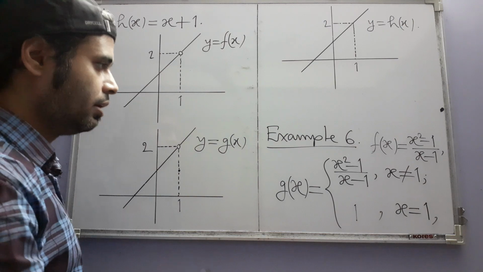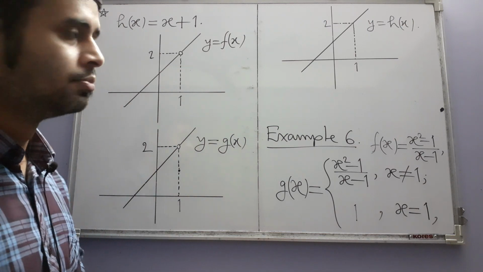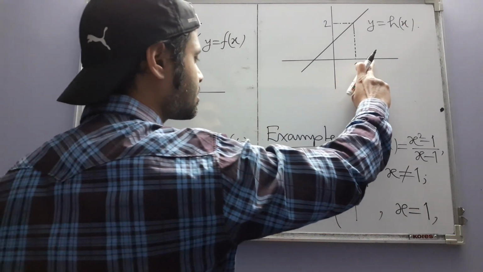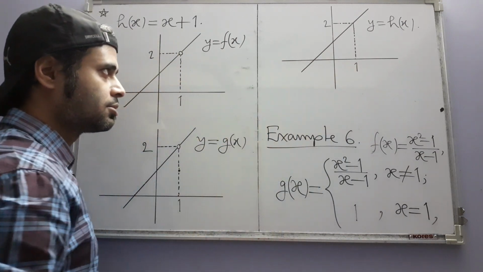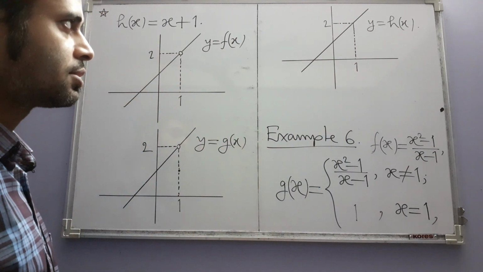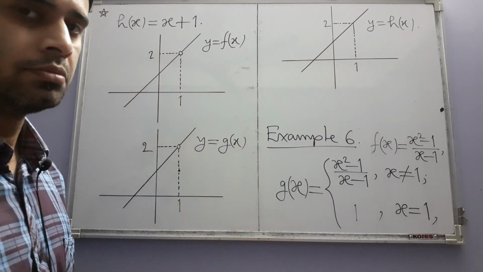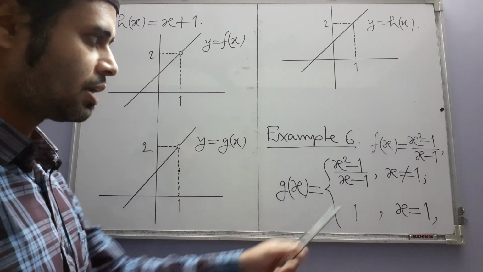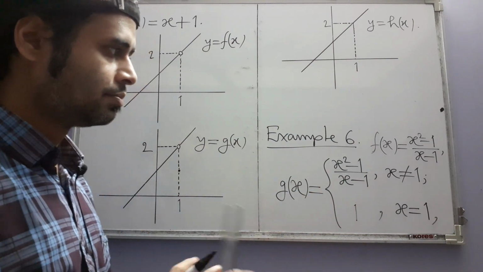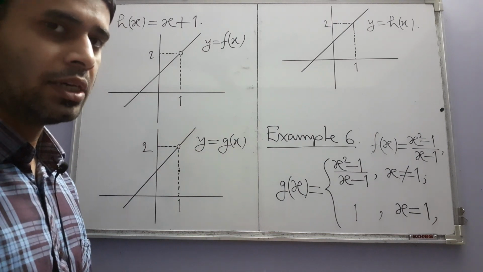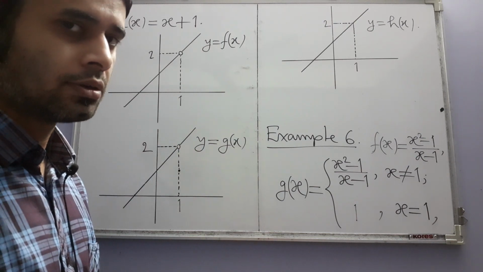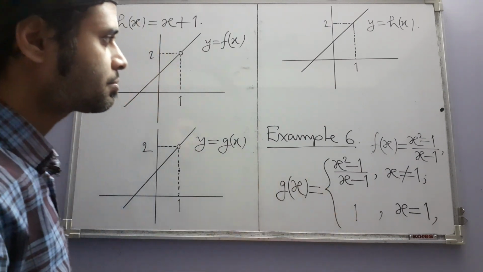them the limit is actually 2. Because as x approaches 1, or as x is close to 1, f of x is close to 2 in all of them, in spite of these functions having different behaviors at x naught, at 1.